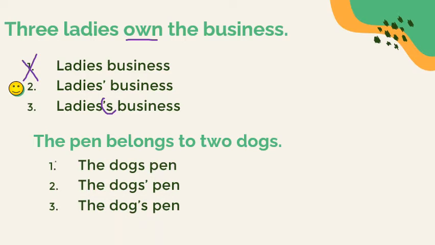Of course no. It's not a regular plural. Is it S apostrophe or apostrophe S? Now here I cannot assume it's apostrophe S because this one means that I have 1 dog. You have to pay attention, okay? It has to be S apostrophe in order to show plural. I have more than 1 dog. So the answer is number 2.